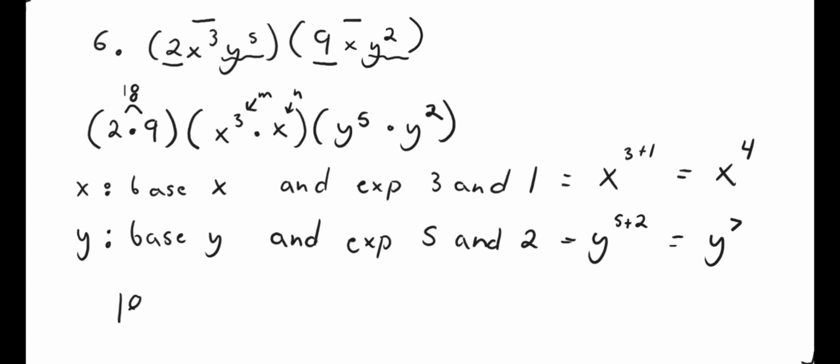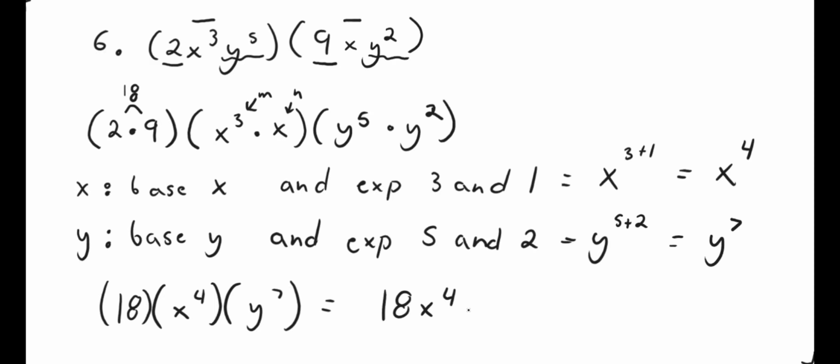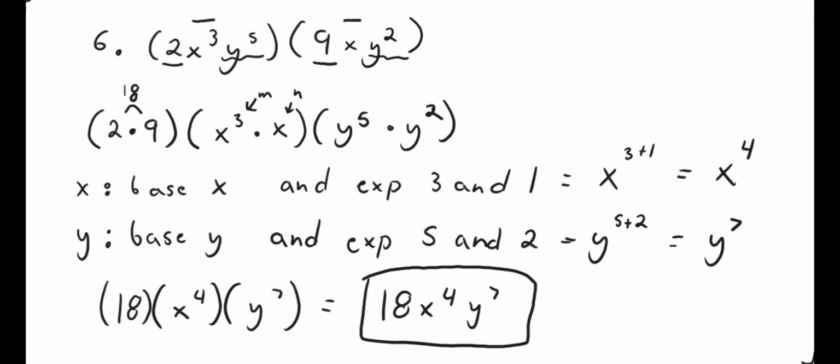So that means we got 18 times x to the power of 4, then times y to the power of 7, which equals 18x to the power of 4 y to the power of 7. And that's our answer right there.